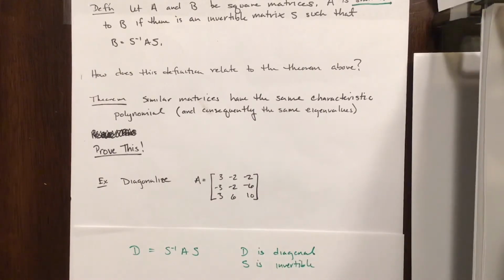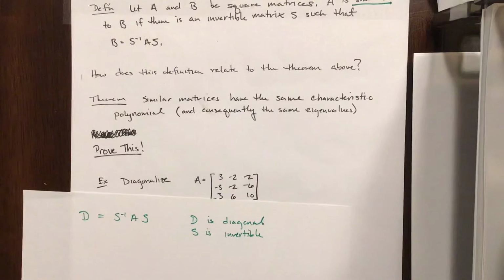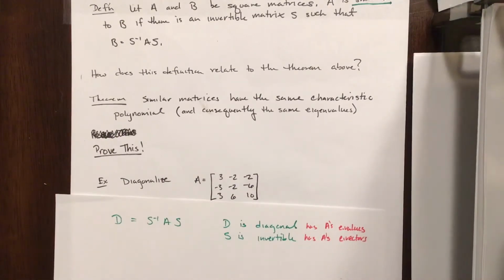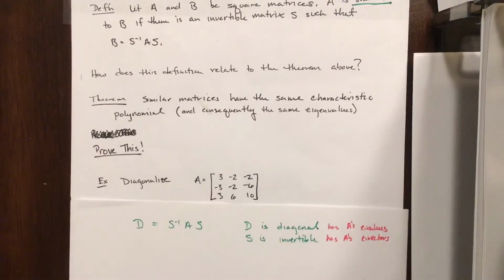There's something special about this diagonal matrix. It has A's eigenvalues, and S has A's eigenvectors. Now, when can you do that? This is by our theorem.